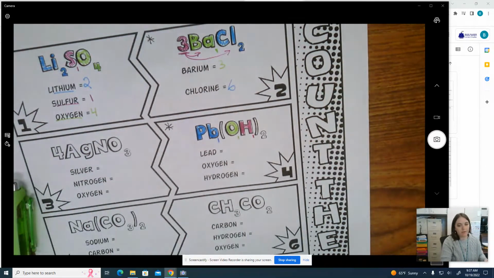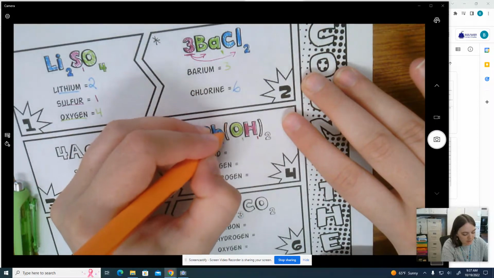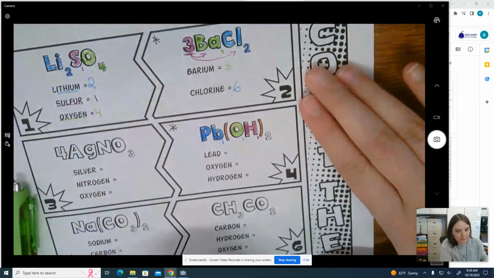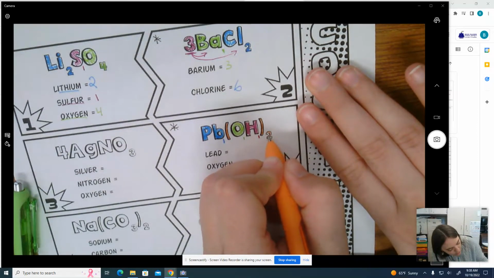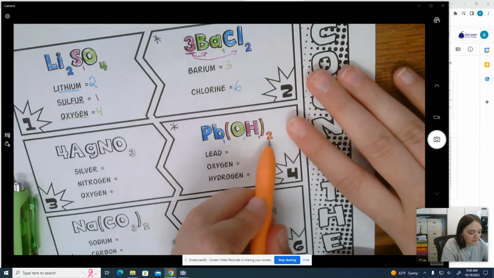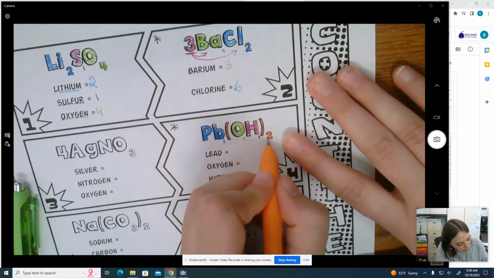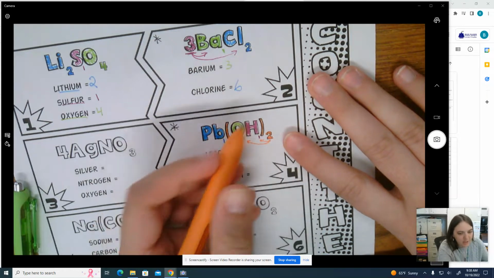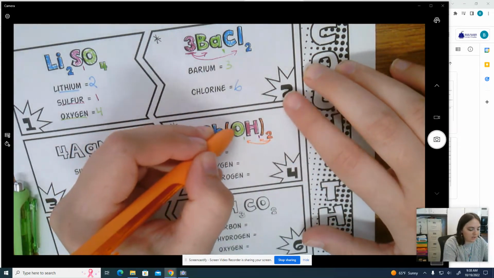But wait, we have parentheses. Now our parentheses, right here, we're going to color that orange because it's right after the parentheses. When we have a number right after the parentheses, we're going to multiply it by everything inside the parentheses. Because you see how the parentheses is hugging this O and H?